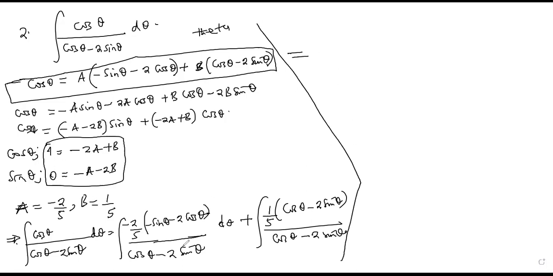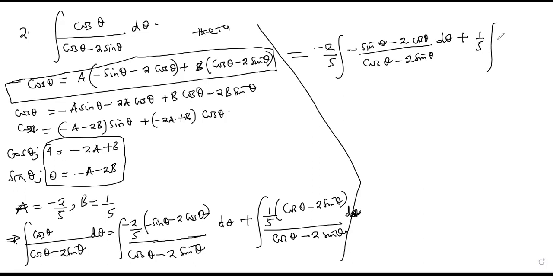Realizing that when you differentiate this, of course, after putting out negative 2/5, the integral of negative sine theta minus 2 cos theta over cos theta minus 2 sine theta d theta plus 1/5 integral of cos theta minus 2 sine theta over cos theta minus 2 sine theta, everything d theta.